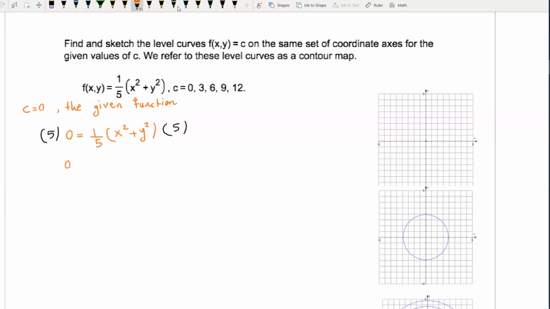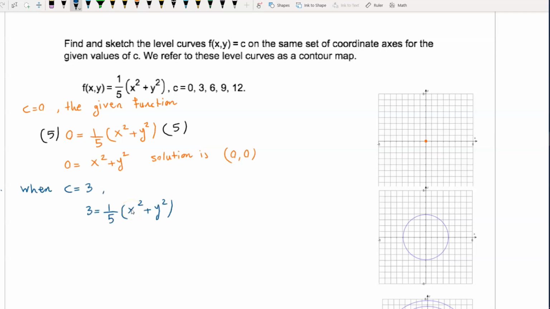So we're going to have 0 equal to x squared plus y squared. And the only solution to this equation is when x and y are both 0. So this is the equation of the point 0, 0. So based on this, this is what we have on our graph. Origin 0, 0.